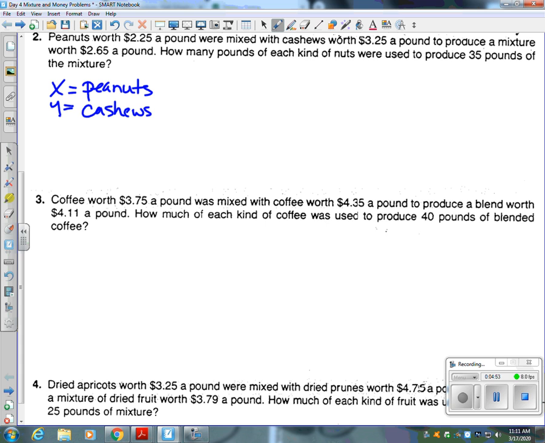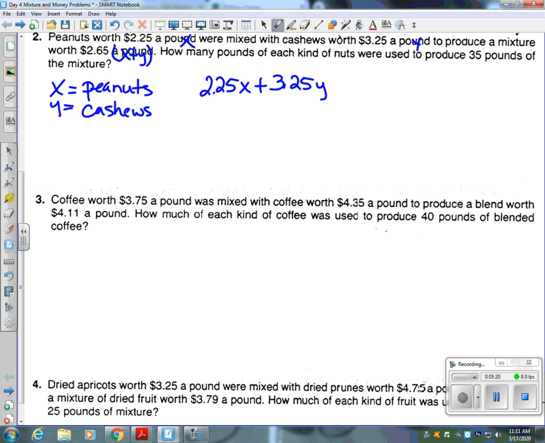So we're going to do the same thing that we did a few minutes ago. It said peanuts were $2.25 a pound, which is my X, and $3.25 a pound for cashews, and a mixture X plus Y of $2.65. So we're going to have $2.25 X, and this is still our rate of change.